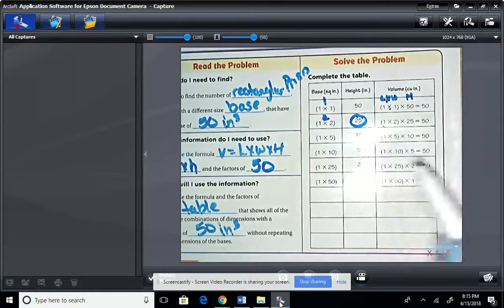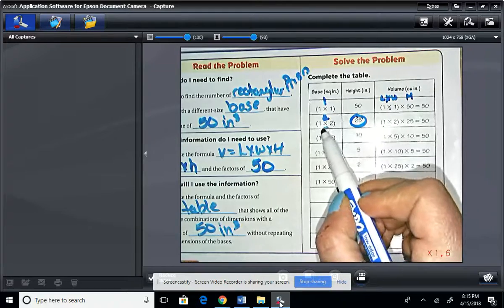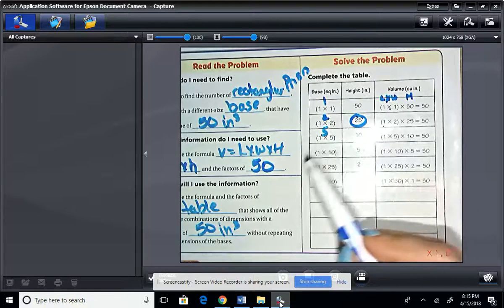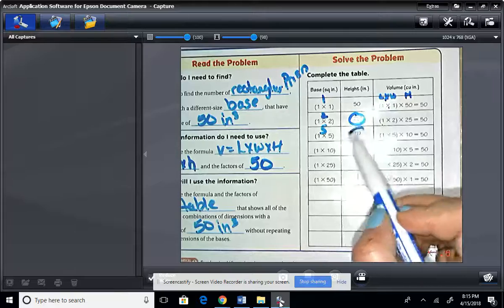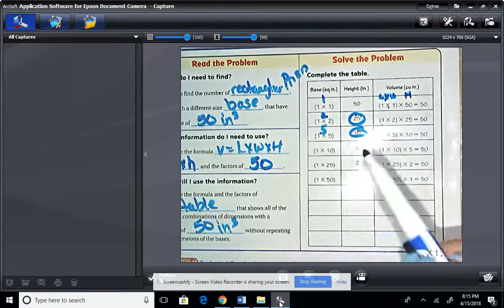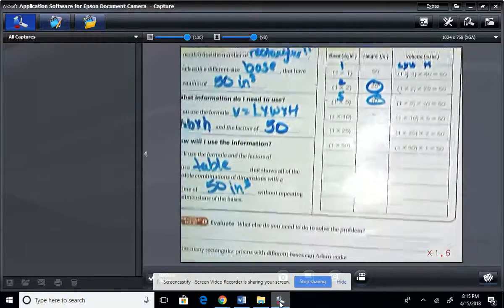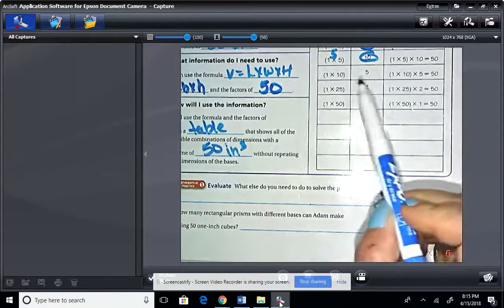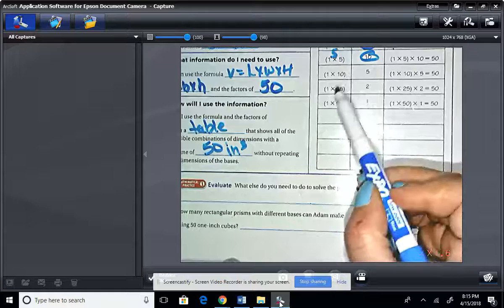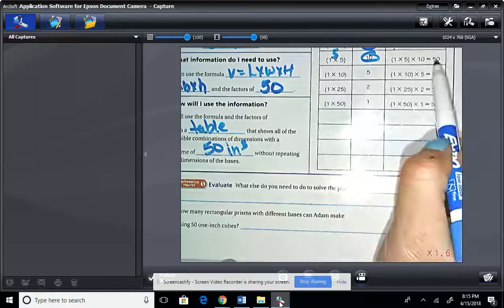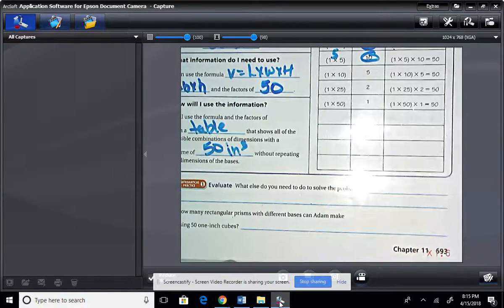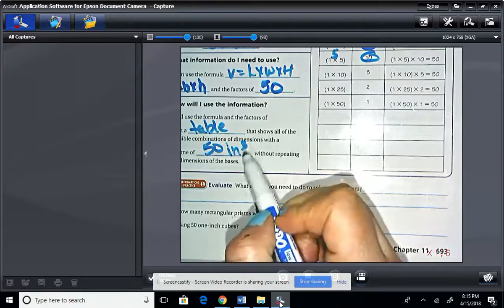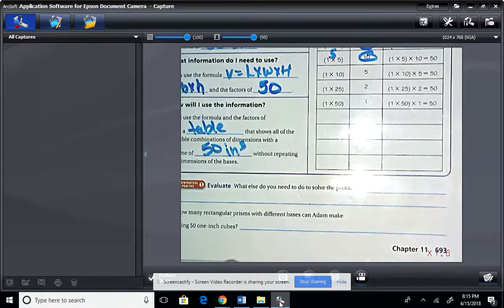No. 1 times 5. Yeah, that's 5. 5 times what will get me to 50? 10. 1 times 10. And you can go through your head to make sure you get them all. The 7, 8, 9, 10. But if you know your factors of 50, you will know that they won't work.